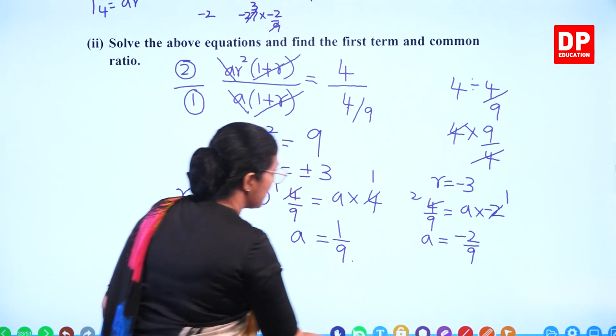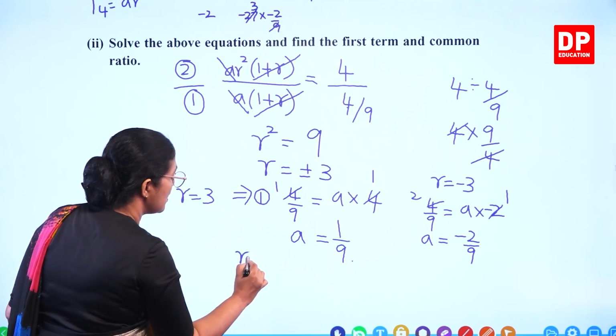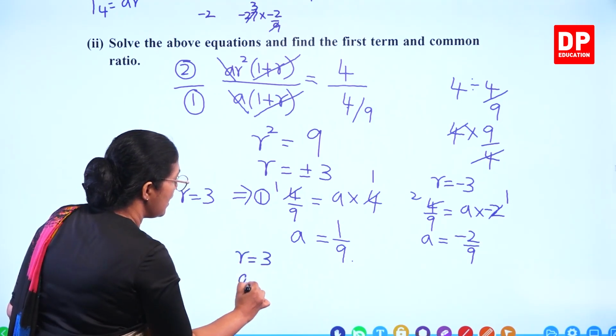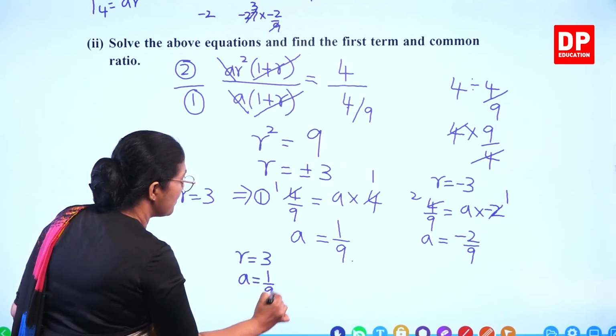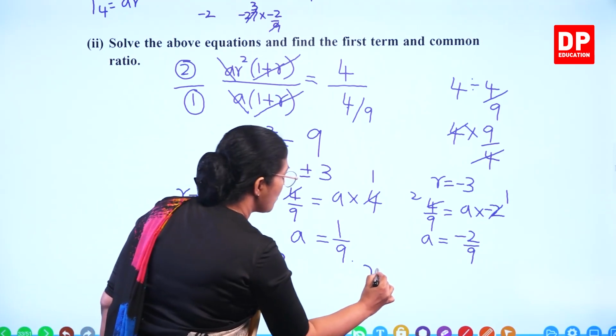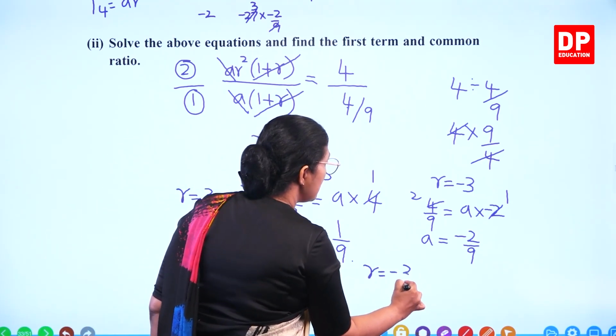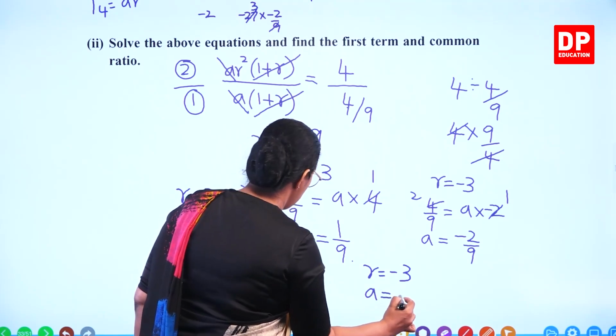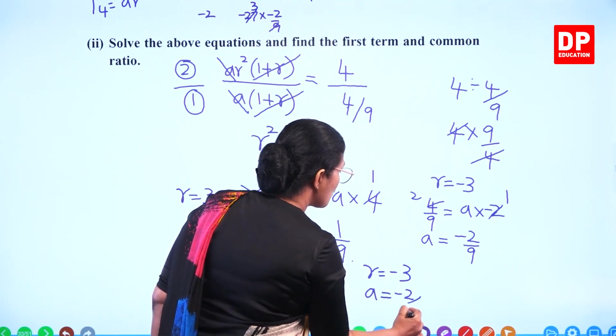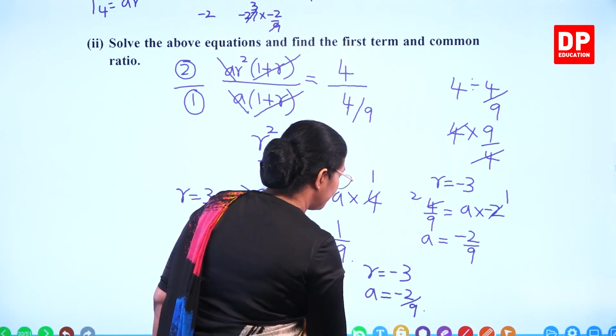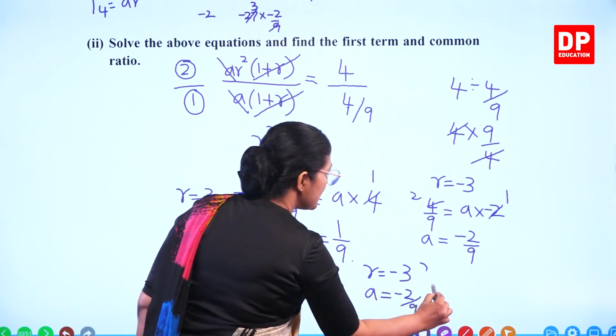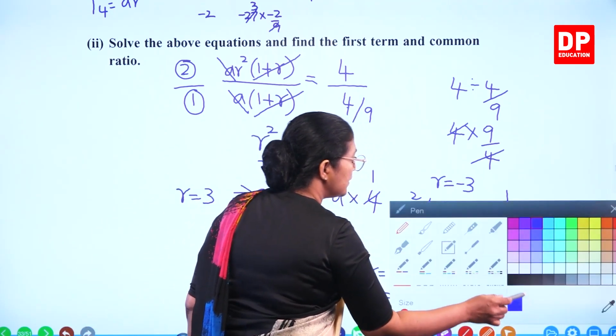You can write, when R equals positive 3, A equals 1 over 9. If R equals a negative answer, A equals minus 2 over 9. This is your second answer.